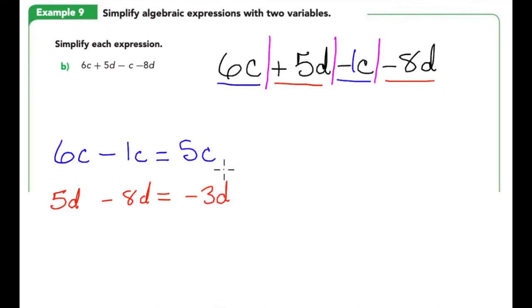So the remaining terms, once we simplify, are 5c and a negative 3d. So our answer, or our simplified expression, can be written as 5c minus 3d, or we could write that as a negative 3d plus 5c.